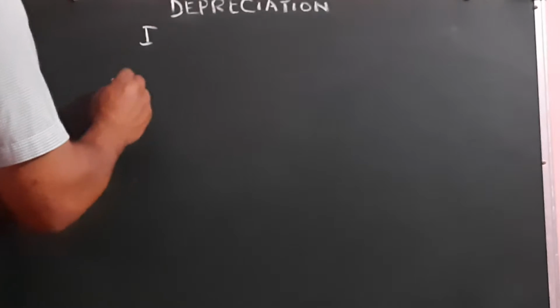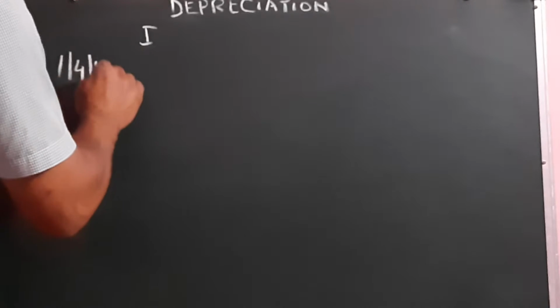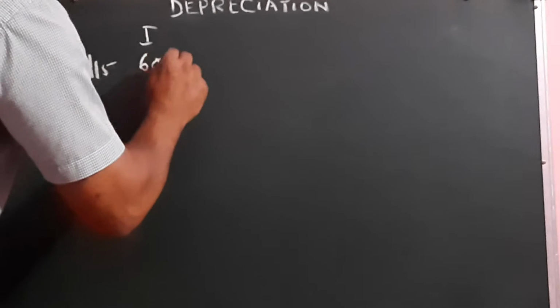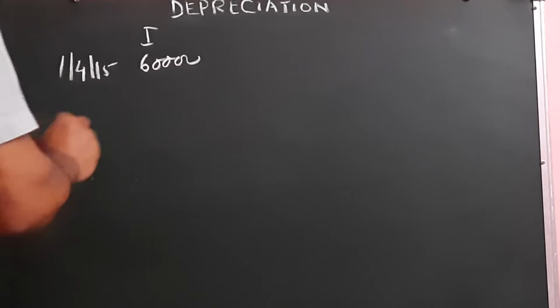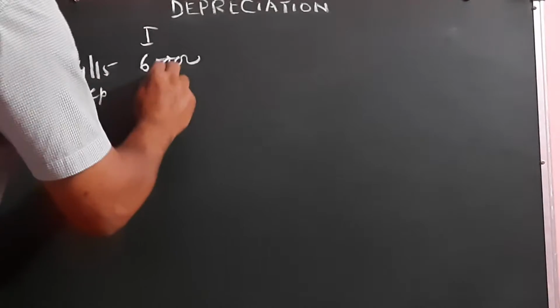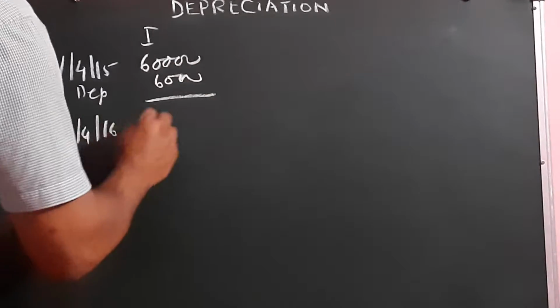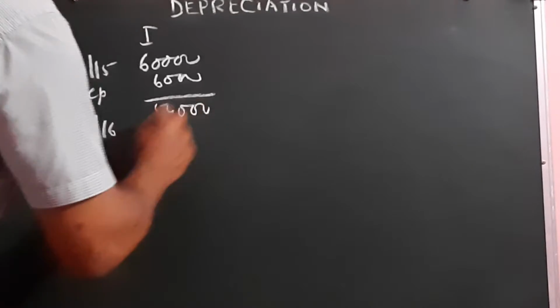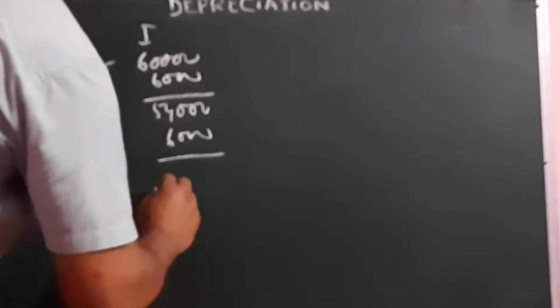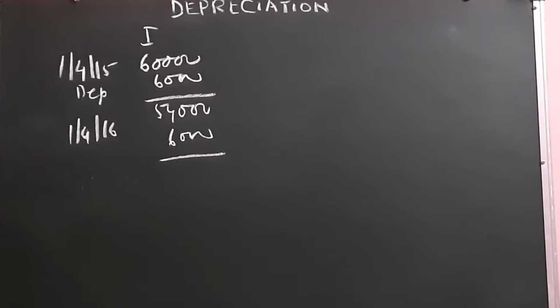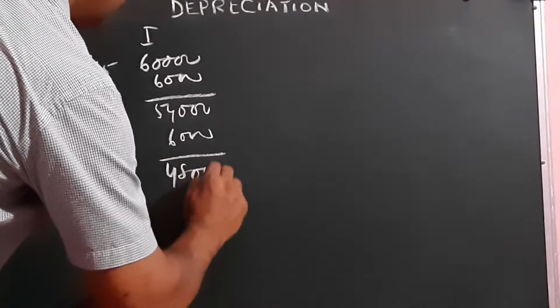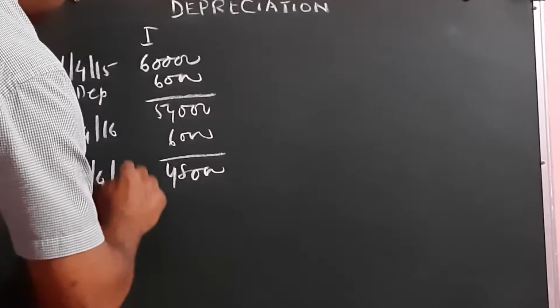So first we have to find out the selling price of these two machines. For the first machine, the cost on 1st April 15 is 60,000, and the depreciation for the year is 6,000. So after 1 year, on 1st April 16, it is 54,000. Again the depreciation of the next year is 6,000, so it is 48,000 on 1st April 17.